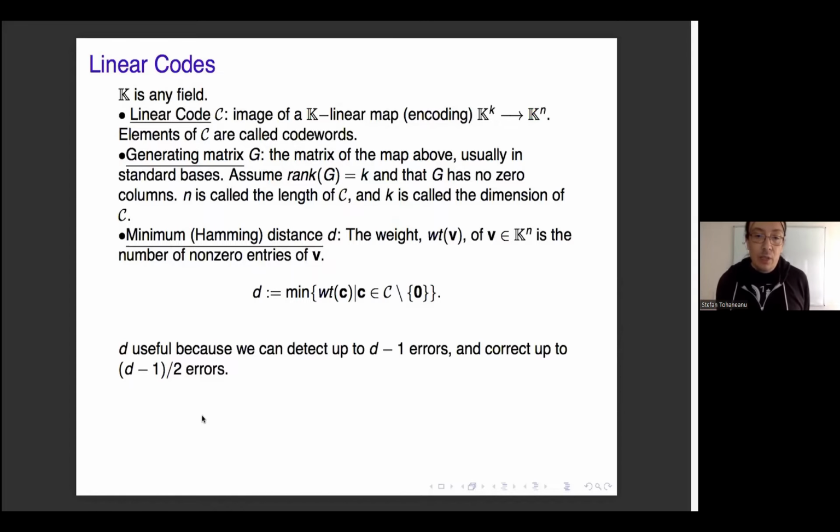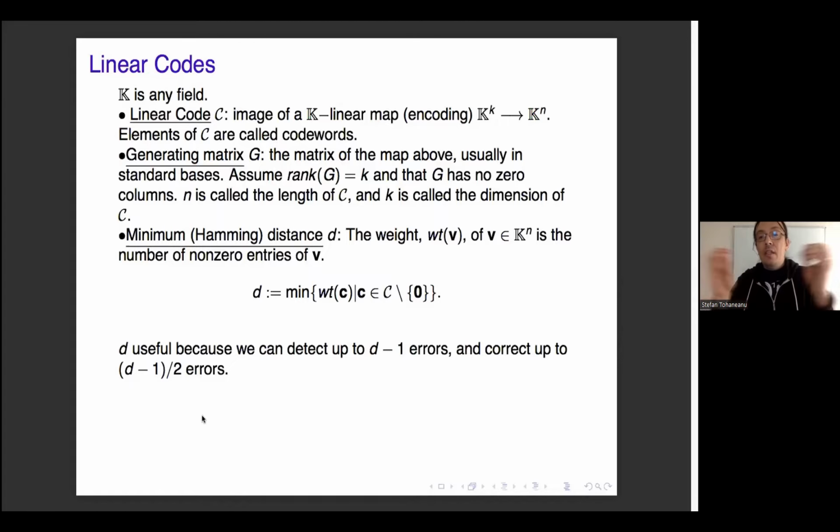And here is why it's useful in practice. With this minimum distance, we can detect d-1 errors in the message. Linear codes, and codes in general, are used first to encode, that means to translate some information into different information that can be sent to a different point where it's decoded back to the original message.